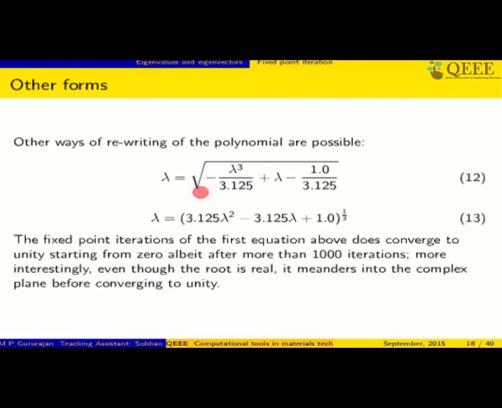This is a pure real calculation, but sometimes the quantity inside this square root will become negative, so the lambda will turn out to be a complex number. So it converges to 1, which is on the real line, but it goes through the complex space.